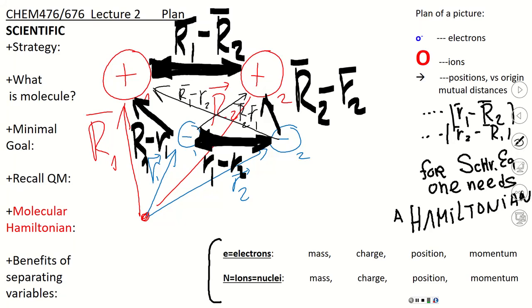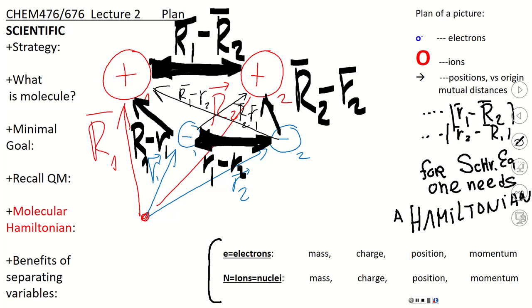So, how many attractive terms will be here? 4. 1, correct. How many repulsive terms? Same. 2. Yep. One between 2 nuclei and one between 2 electrons.